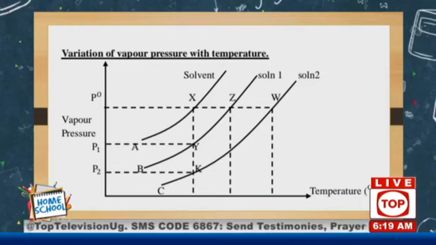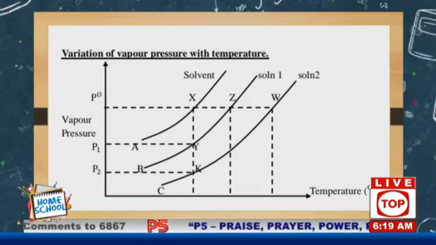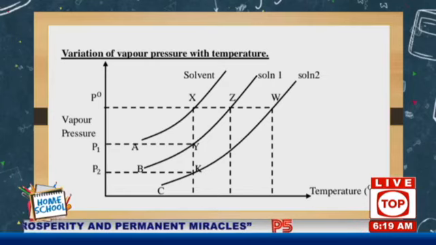You have seen that at Z is when you get that vapor pressure. That means that the solvent will only evaporate at that temperature, at that pressure. So to reach the pressure of P naught with the solution, you need to heat. You can see the temperature is now increasing from X to Z.